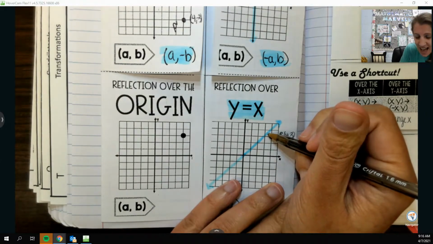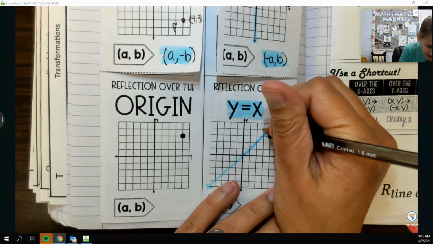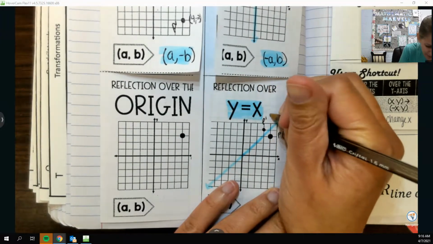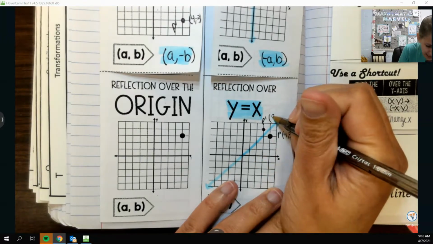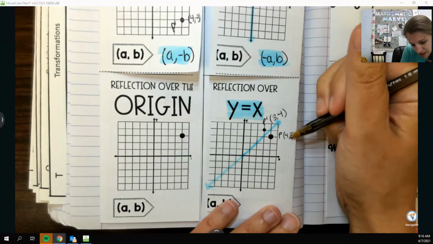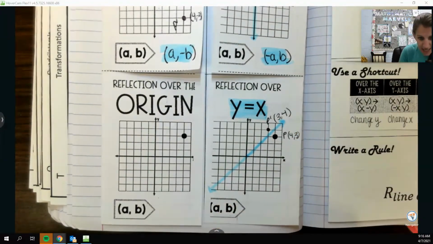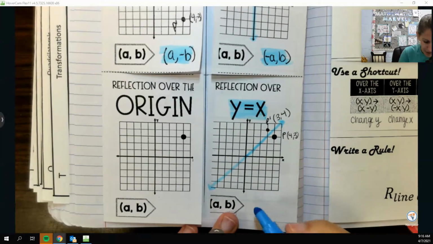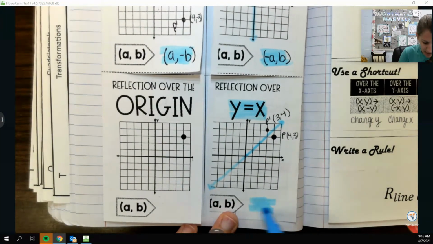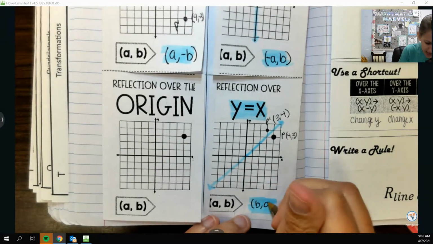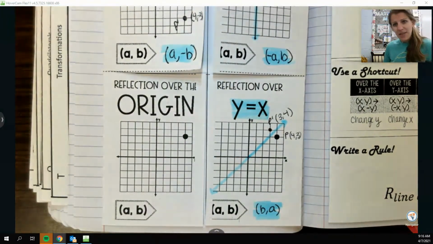So it has to be a half a square away perpendicularly on the other side, which really puts it right here. So P prime is at (3, 4). Hopefully you can see that my little shortcut is I can just swap. So the shortcut for reflecting over the line y equals x is to just swap them, so it'll be (b, a).